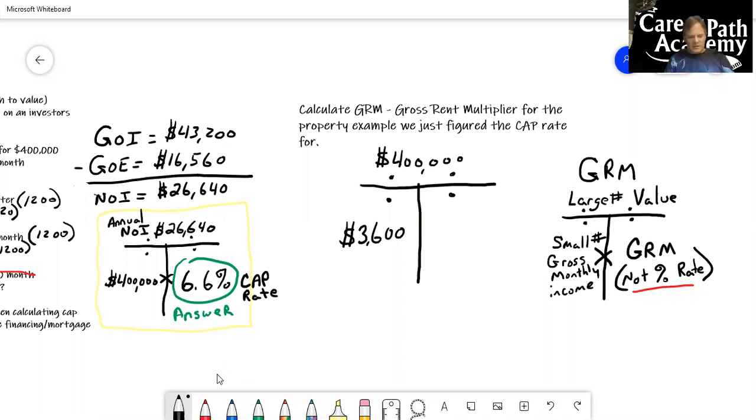So 400,000 divided by 3,600 gives us 111.11. Right? This is the GRM.